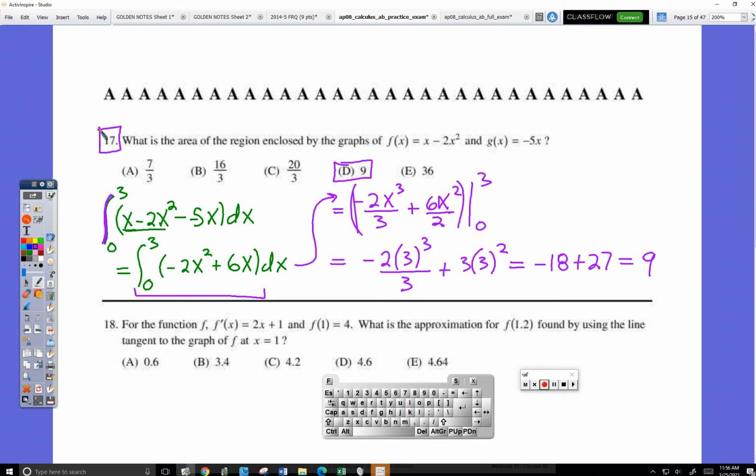Now, I might skip it the first time through the test because I know I'm going to have to find the intersection and do an integral without a calculator, which takes a little bit of work. So it's definitely a medium problem, not an easy problem. I want to do the easy ones first. 13? Other questions here before we go on? Cool.